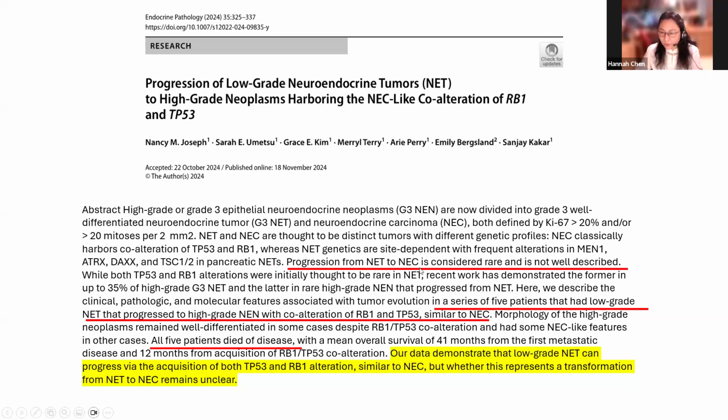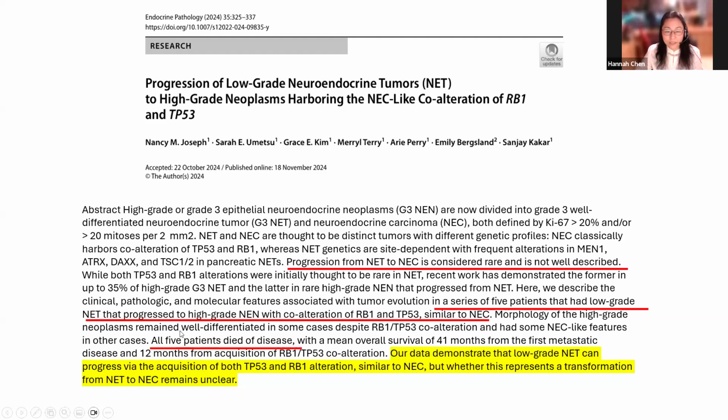Progression from NET to NEC is considered rare and is not well described. This study examined a series of 5 patients who had low-grade neuroendocrine tumor that progressed to high-grade neuroendocrine neoplasm with co-alteration of RB and TP53, similar to pancreatic neuroendocrine carcinoma.